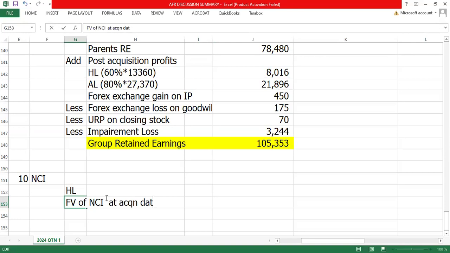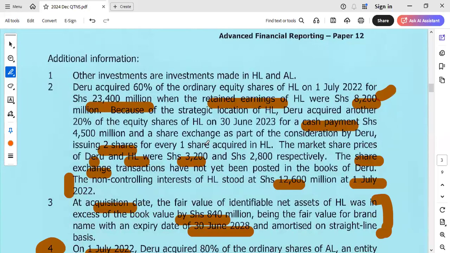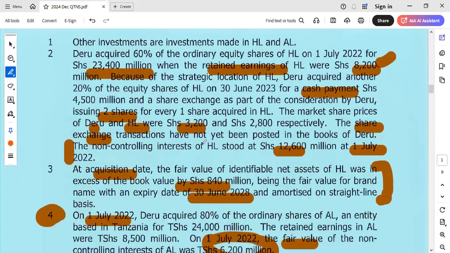It was 10,096. Are you sure? HL? Hold on a second. Yeah, it was 10,096. You're saying at acquisition? Just a minute. NCI, it is 12,600. It was this one.